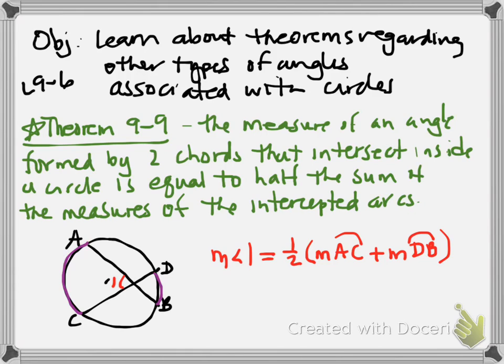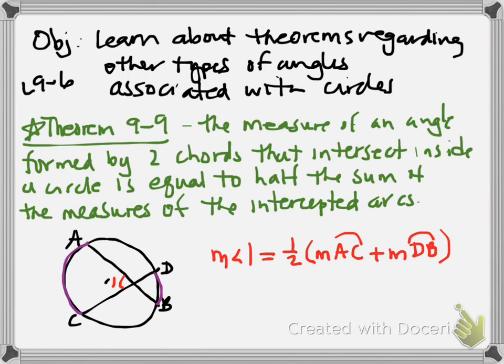So basically what we're doing is we're taking those two arcs and we're averaging them, and that tells us the measure of that angle. Why does that make sense? Because to the left, the angle equals 1. To the right, that angle equals 1. So it makes sense that the angle would be the average of those two arcs that are being cut off, okay? I do have a proof on this.